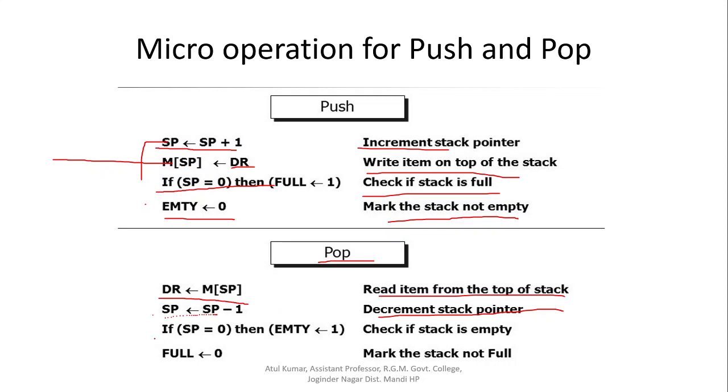Then we check if SP is equal to 0, then mark empty is equal to 1, and also mark the stack as not full. This is the micro operation for pop operation in the stack.